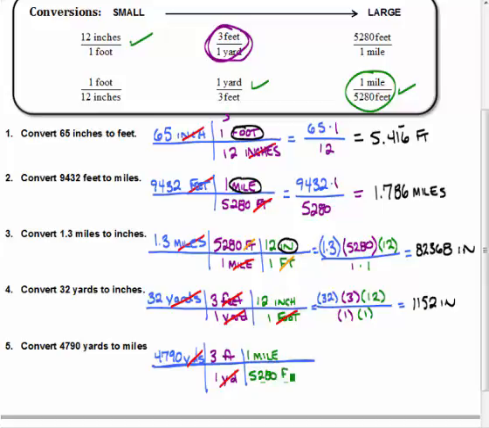And the reason I did that is so that feet can divide out with the feet on top and bottom. So this will be equal to 4,790 in the numerator times 3 times 1, and in the denominator we have 1 and 5,280.